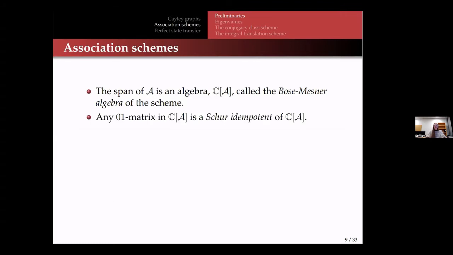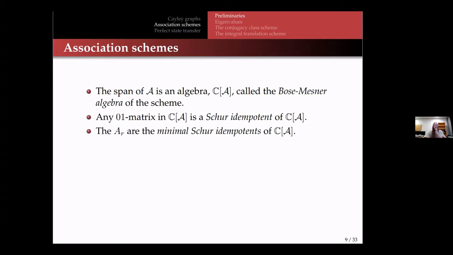Any 0-1 matrix in this algebra is what we call a Schur idempotent. This is because we talk about the Schur product as the entry-wise product of the matrices, and these are all 0-1 matrices, so they are idempotent under the Schur product.